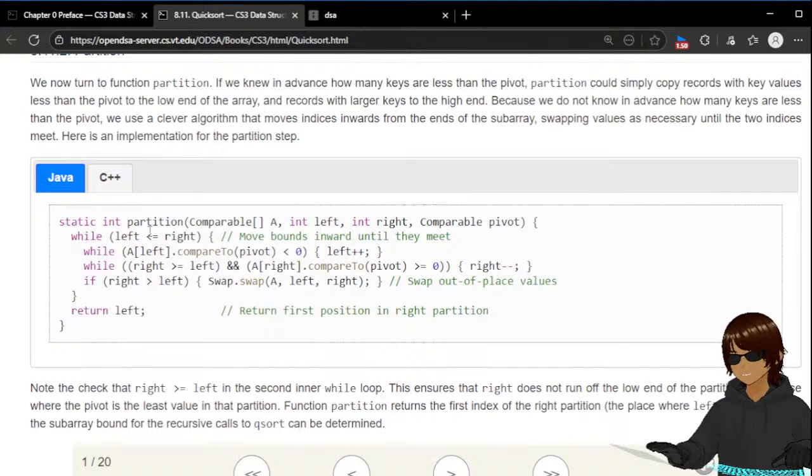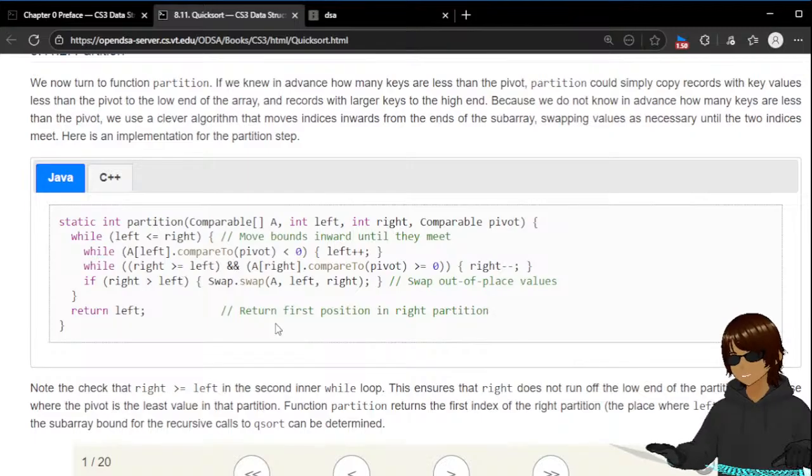While left is less than or equal to right, move bounds inwards until they meet. So while left.compareTo(pivot) < 0, left++, and if right is more than left, and right.compareTo(pivot) is more than or equal to 0, right--.